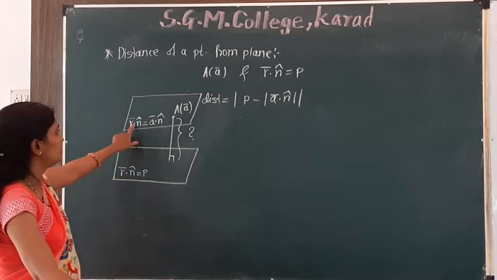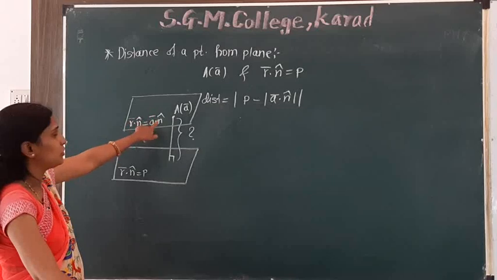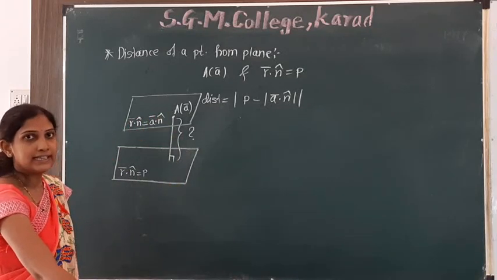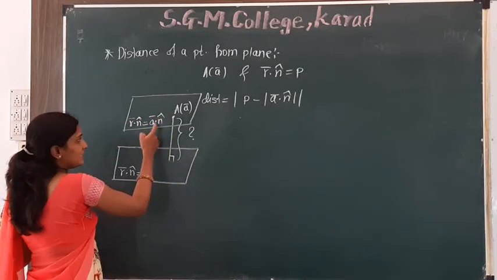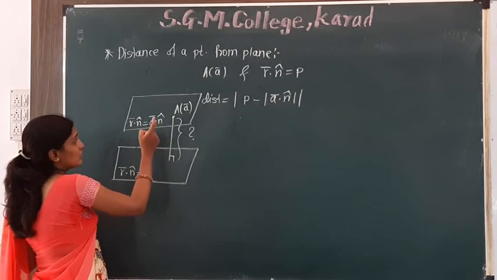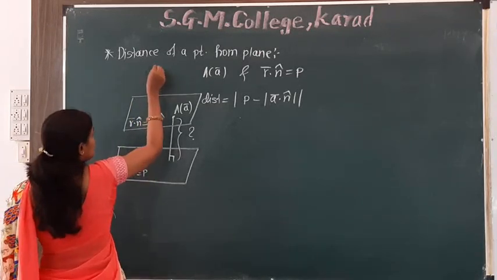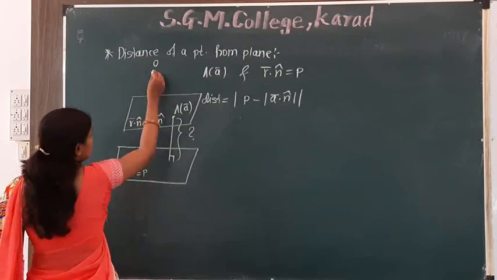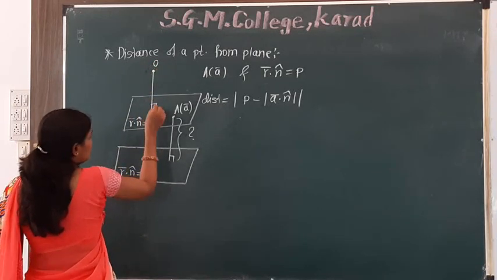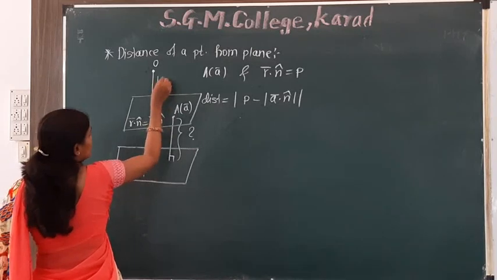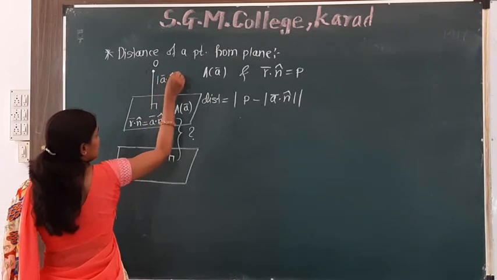This is the equation. What is A bar dot n cap? This is the distance of a plane from the origin. Suppose this is origin O and its distance from the plane. This is mod of A bar dot n cap.